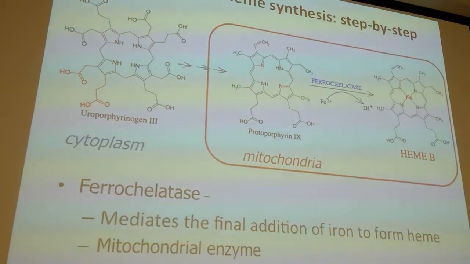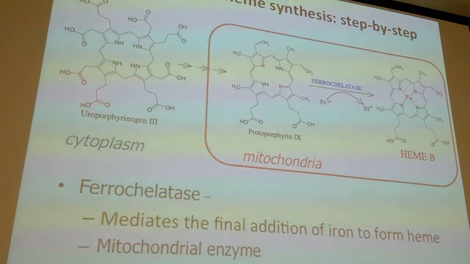I'm not going to go through all the details of those reactions, which I'm sure you're probably happy about. And this will form the protoporphyrin IX structure. Mostly it's just modifying these side chains. So it gives rise to these four methyl groups, the two vinyl groups, and the two propionic groups. So just a series of reactions modifying the side chains.